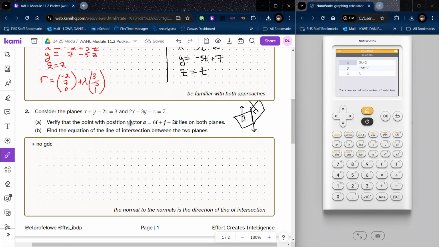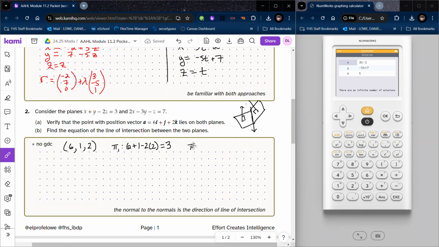We start with verify that we have a point on both planes. So how can we verify we have a point on both planes? Is that point 6, 1, 2? Does it work for both equations? If we look at plane 1, we have 6 plus 1 minus 2 times 2, and that's going to equal 3.